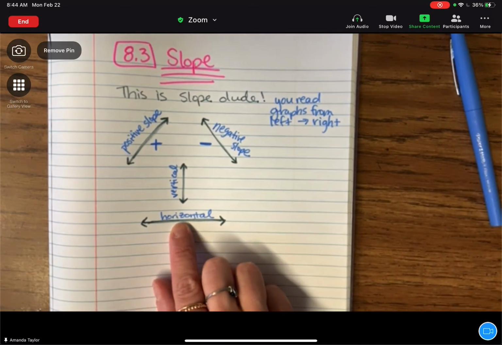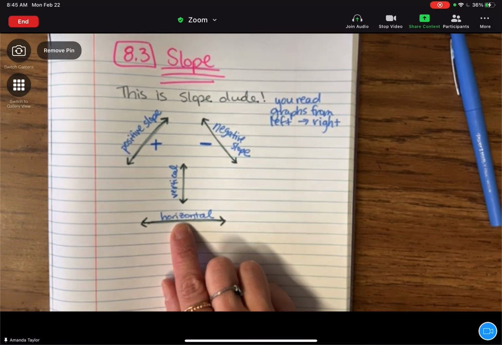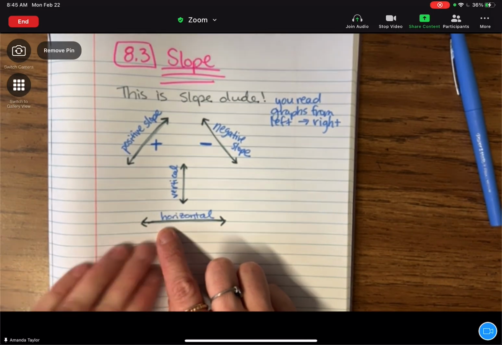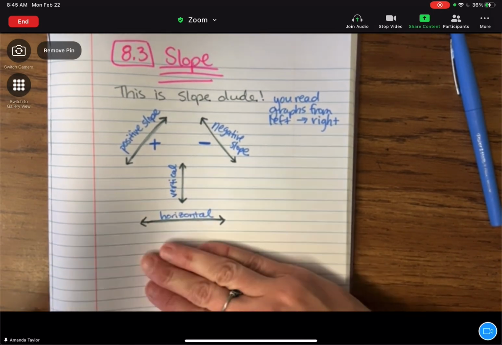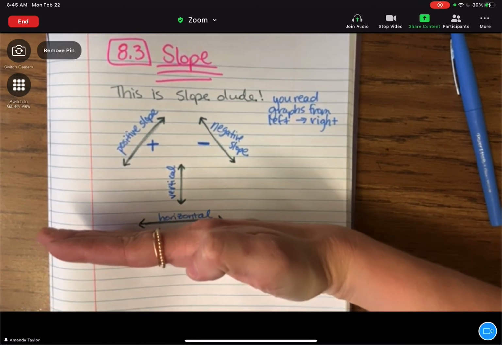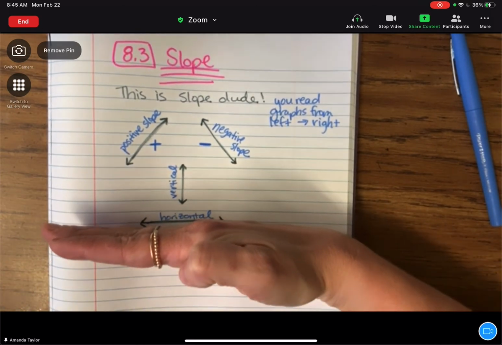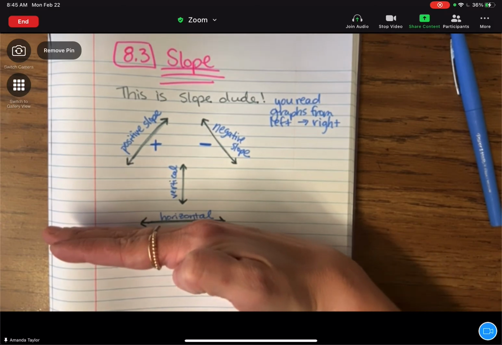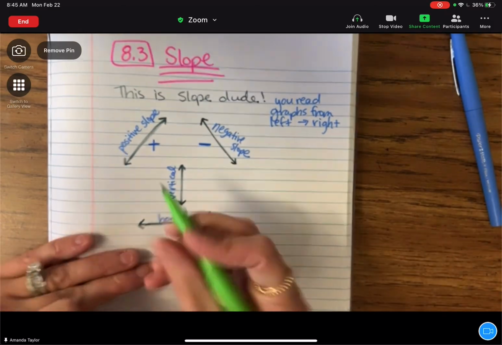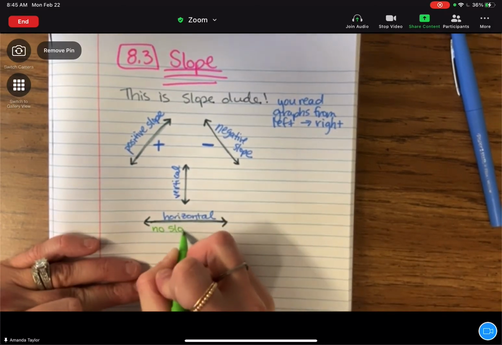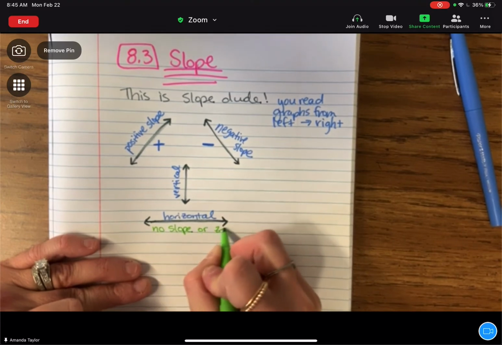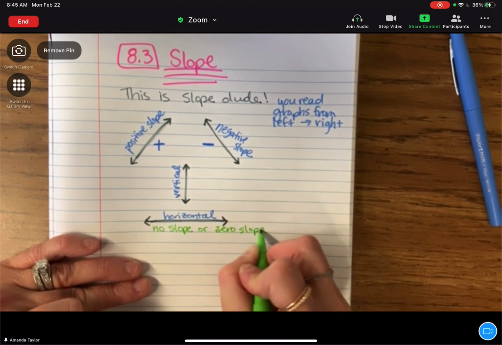I want to start with the horizontal line, the one that's flat. If I'm looking for the slope of a line, I'm looking for which way it slants or tilts. Does this horizontal line tilt? No. So it's said to have no slope, or you can say zero slope.